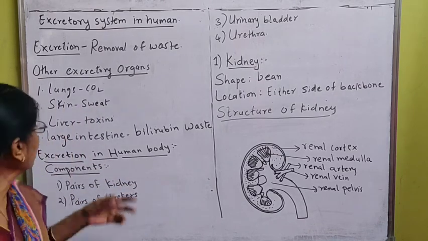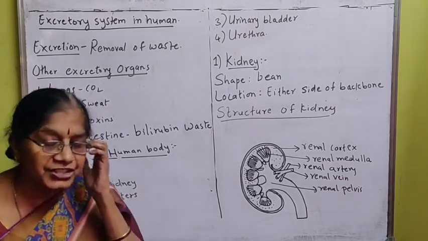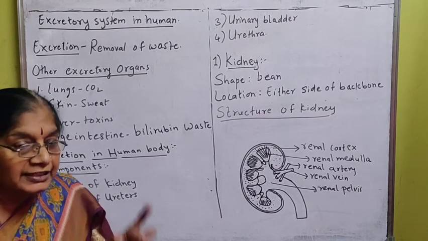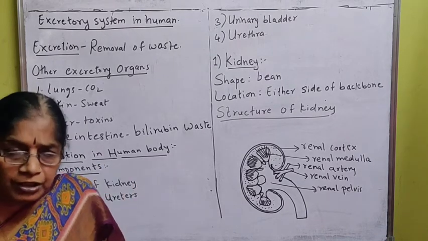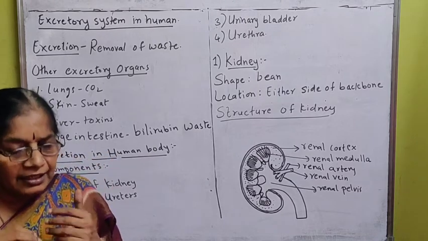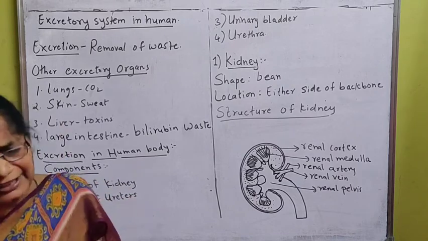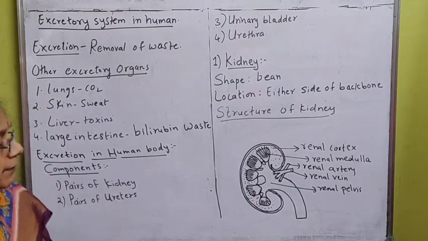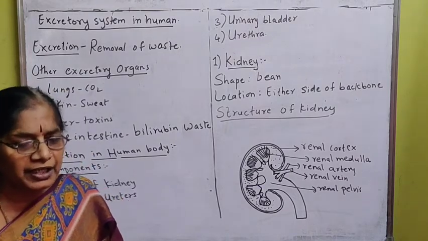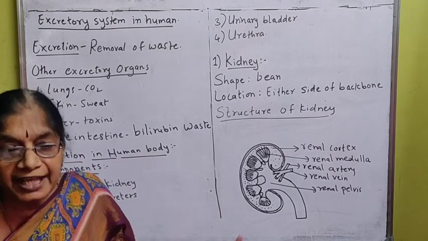Then the liver. The liver, I told you, is very helpful in digestion. Bile juice is produced by the liver. Sometimes with the food or through drinking some juices, some toxic materials may enter into our body, and those toxic substances should not be there in our body.